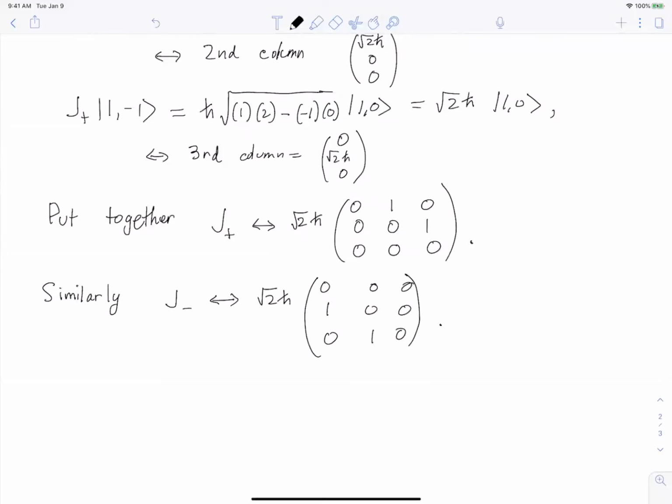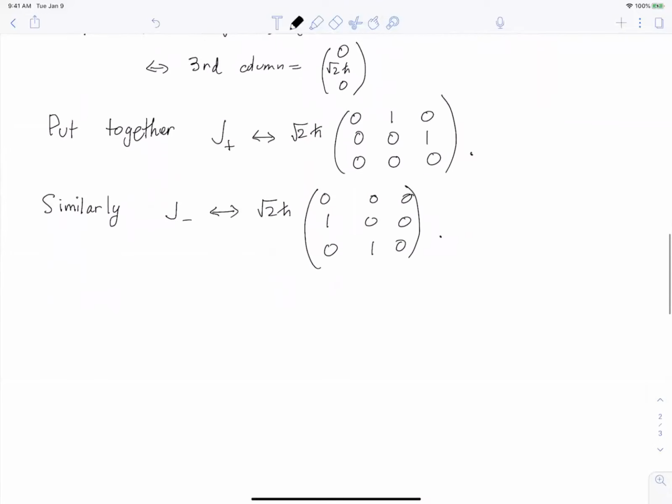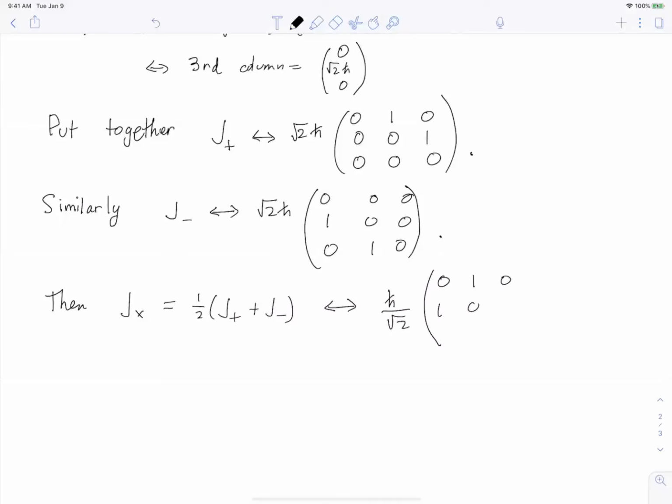And then once we have j plus and j minus, then we can get jx, because jx is 1/2 j plus plus j minus. So that's telling us this is represented by h bar over the square root of 2 times the matrix 0, 1, 0, 1, 0, 1, 0, 1, 0.